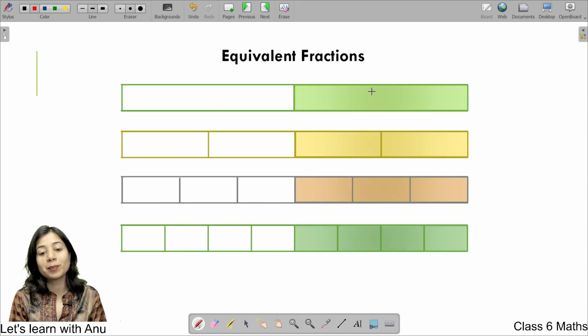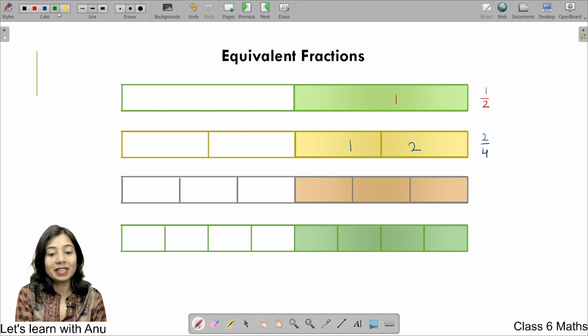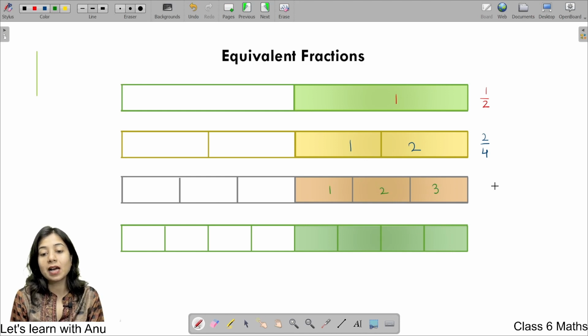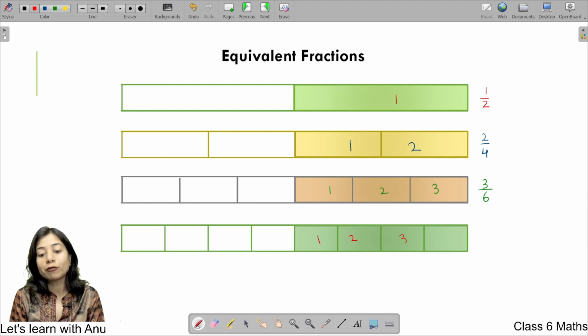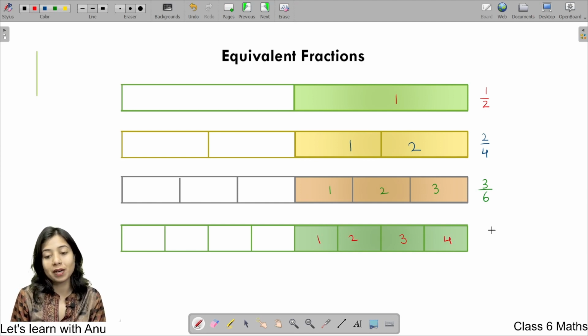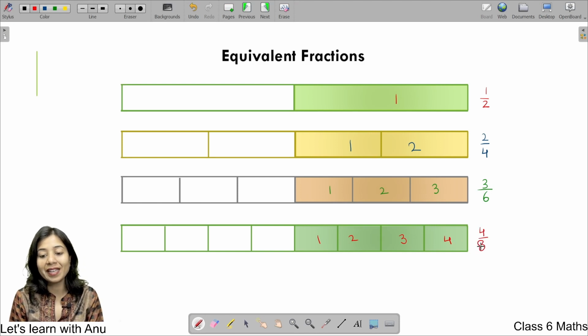In the first strip, we have shaded one part out of 2 equal parts, so the fraction is 1 by 2. In the next strip, we have shaded 2 parts out of 4 parts, so the fraction becomes 2 by 4. In the third strip, we have shaded 3 parts out of 6, so the fraction is 3 by 6. And lastly, we have shaded 4 parts out of 8 parts, so the fraction becomes 4 by 8.